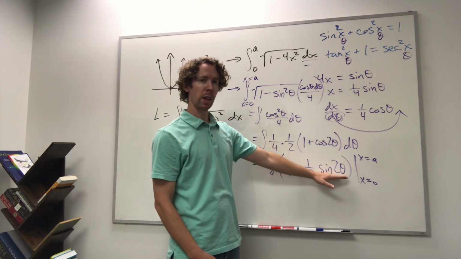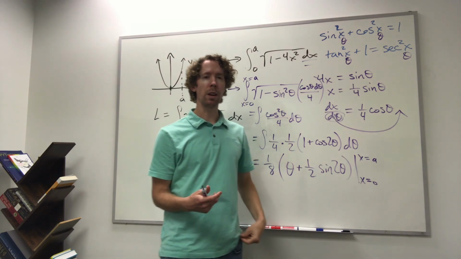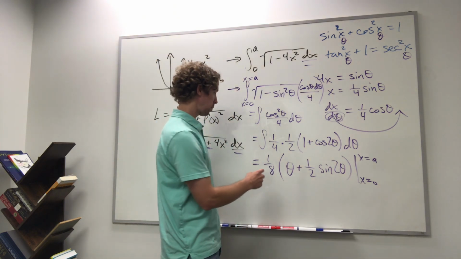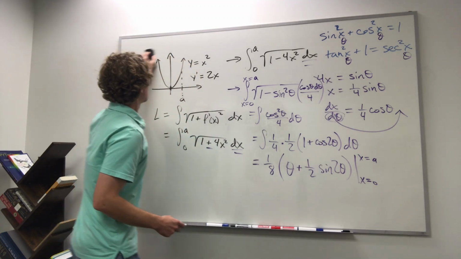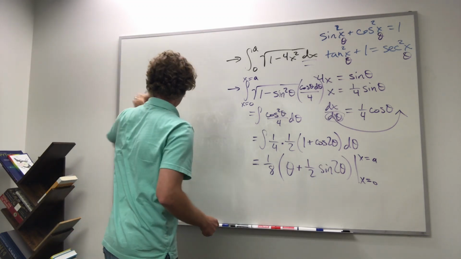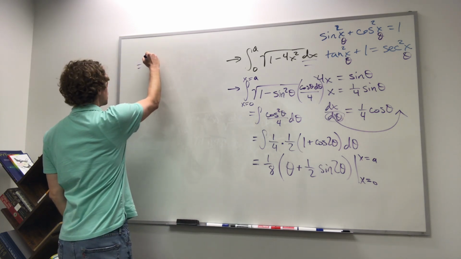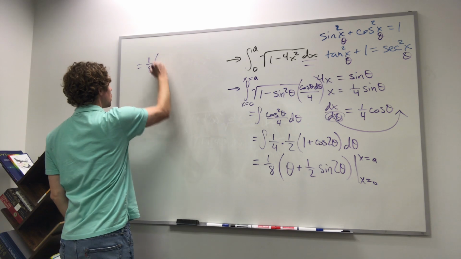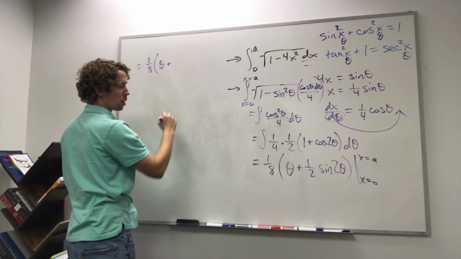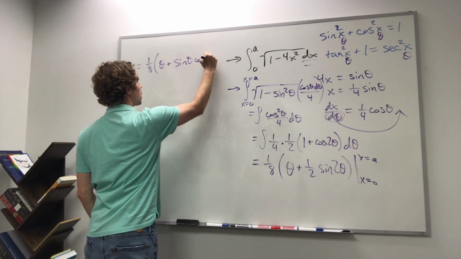There's another one for sine, and it says sine 2 theta equals 2 times cosine theta times sine theta. So altogether I get theta plus sine theta cosine theta.